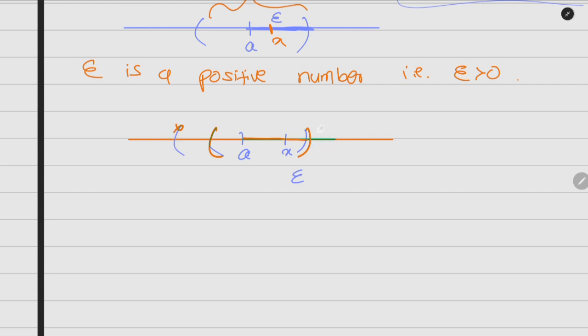So now X belongs here. I think I should make it a little bit larger. Now again I will reduce the size of my epsilon, this much. So what should X be? X should be here or here, anywhere.